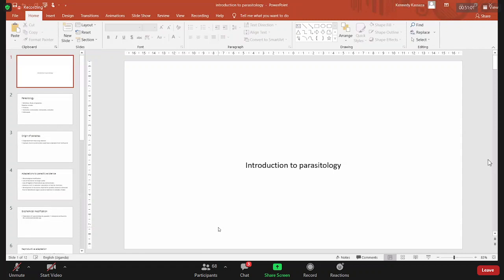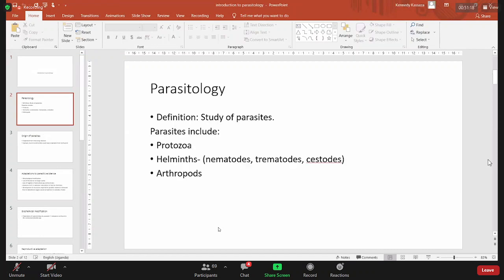And then we said usually we prefer to study protozoa, helminths, and arthropods under the subsection referred to as parasitology. So parasitology is actually the study of parasites, and under this study we cover the three infectious agents of medical importance, which I have already mentioned.